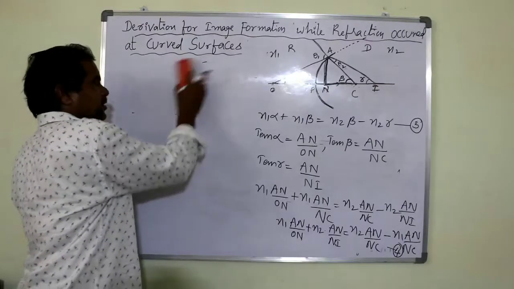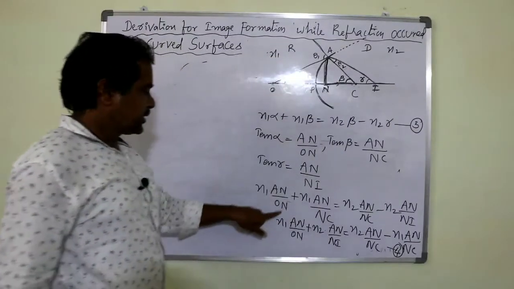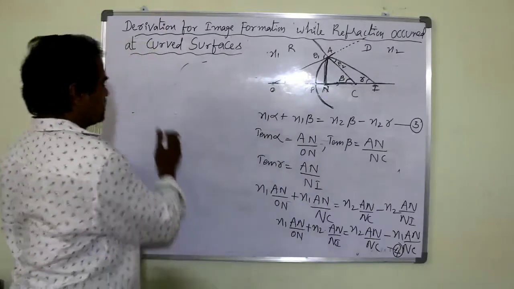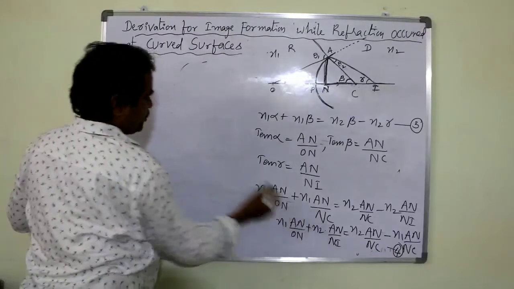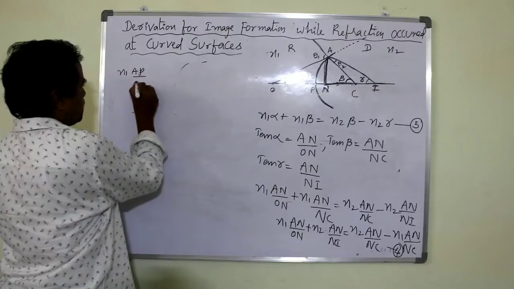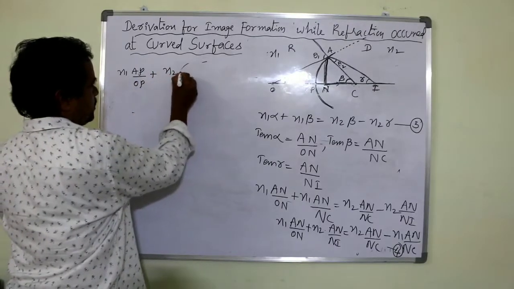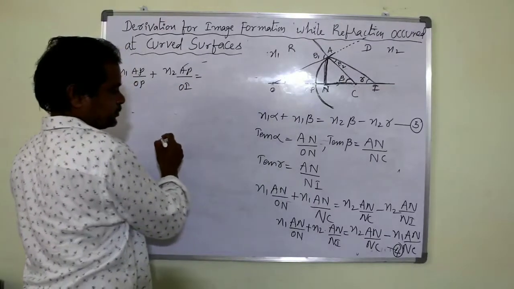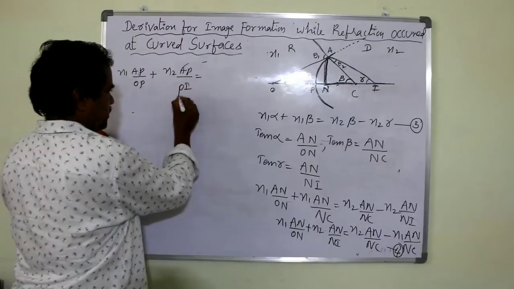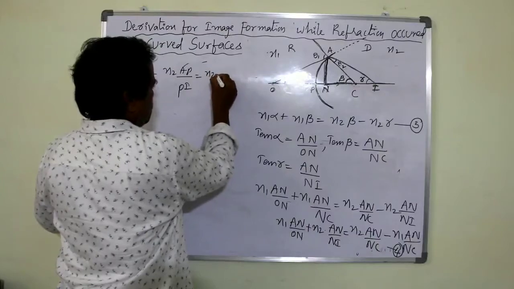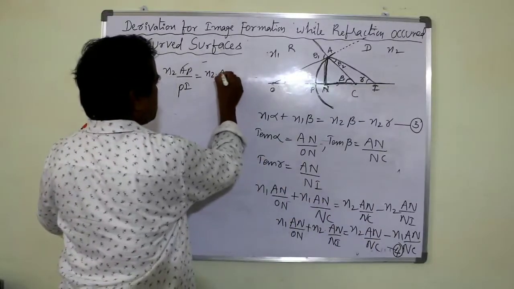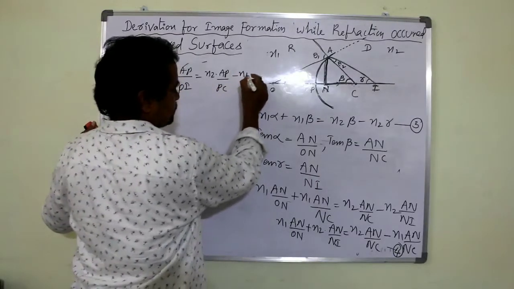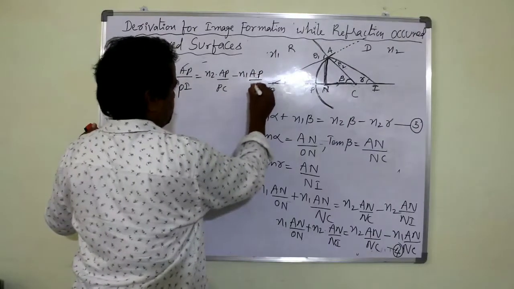So in the place of N, we substitute P, then we get n1 into AP by OP plus n2 into AP by PI is equal to n2 into AP by PC minus n1 into AP by PC.